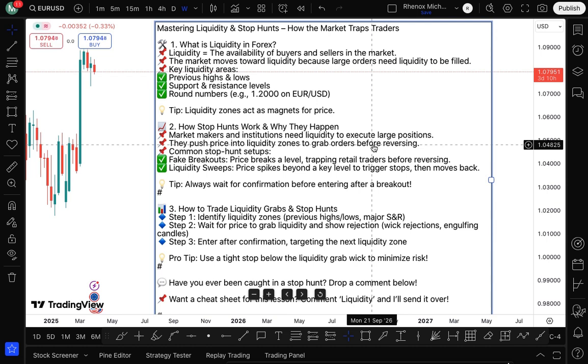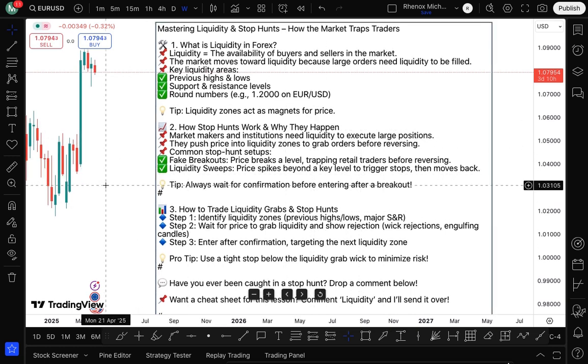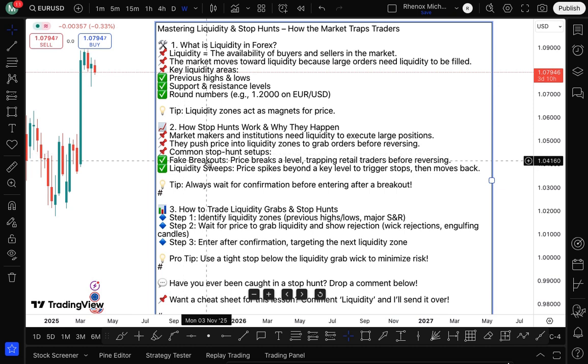You find stop hunts in fake breakouts, where price breaks a level and retail traders are trapped before the price reverses. Also, you can see them as liquidity sweeps, where price spikes beyond the key level, triggers the stop losses around that level, then moves back the other way.